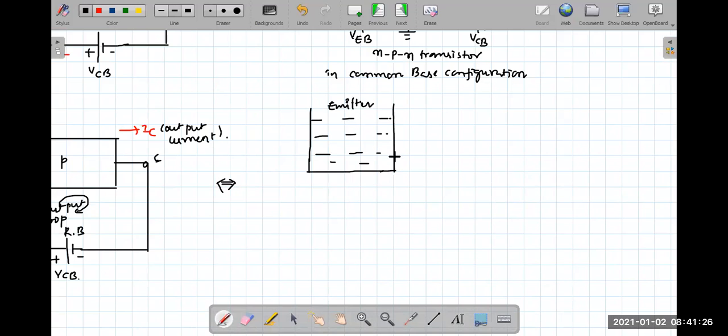Clear? So from this water tank, you have connected a pipe over here.